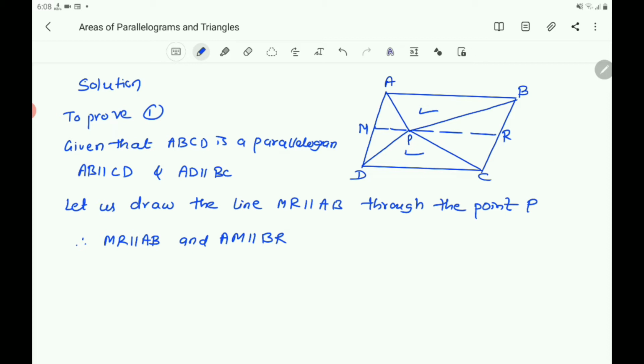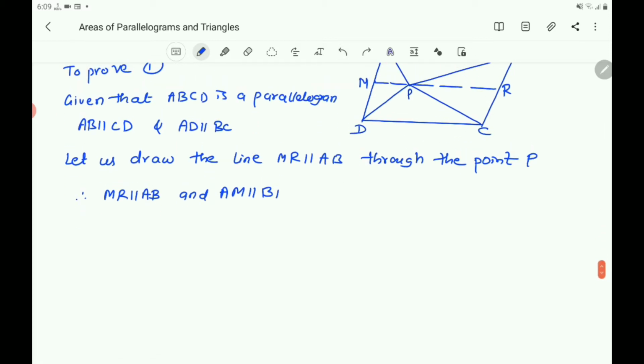By taking the addition of the first and second, if you consider this area as first and this area as second, then you will add them to get area of triangle APB plus area of triangle DPC equals half the area of the parallelogram ABCD.